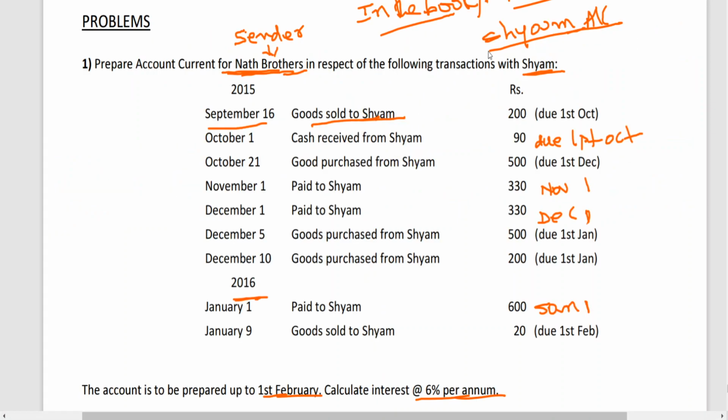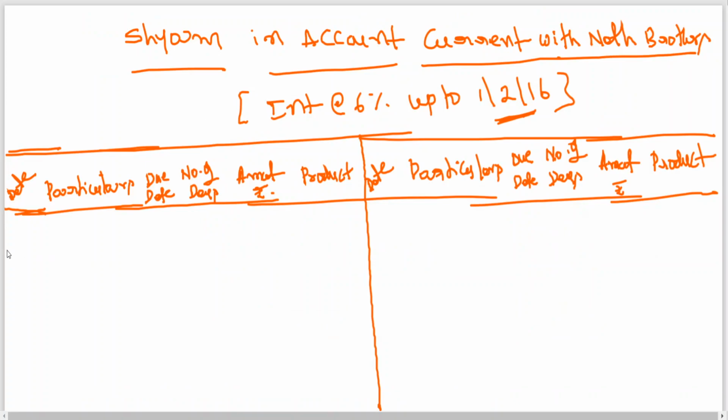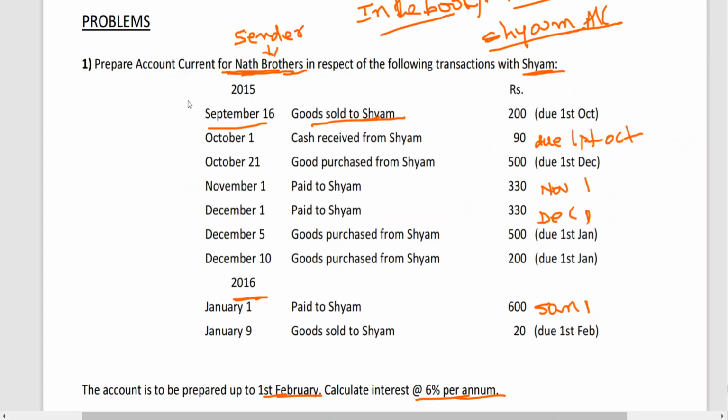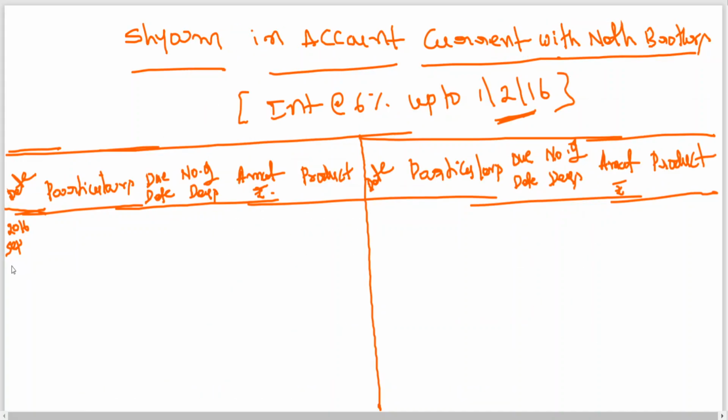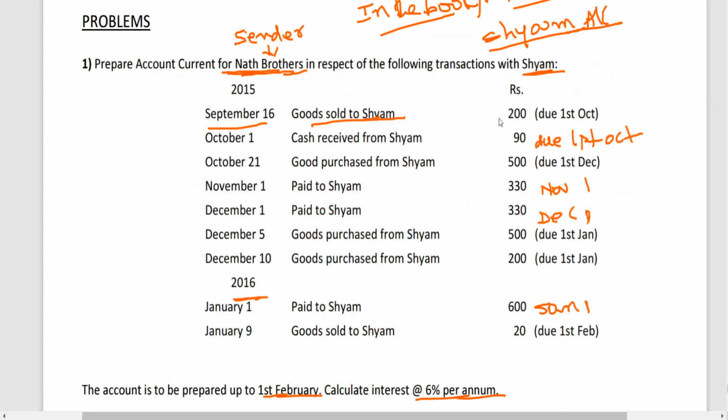Goods sold to Shyam, Shyam to sales. September 16, to sales, 1st October due date, 200 rupees.